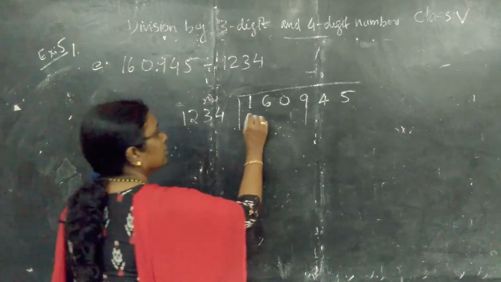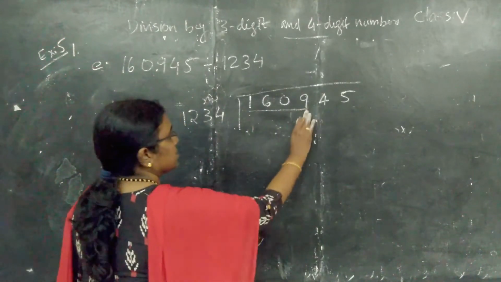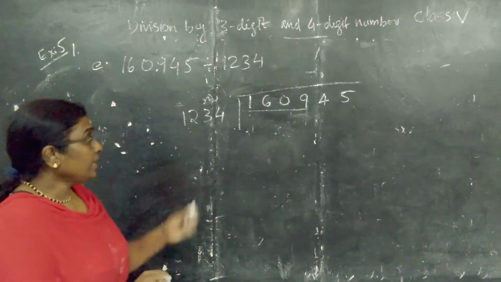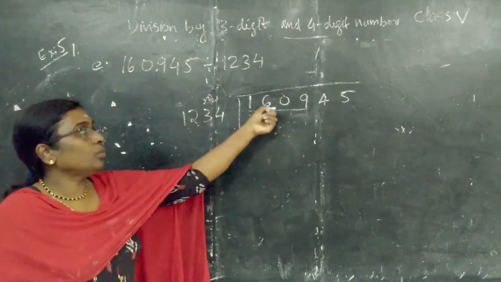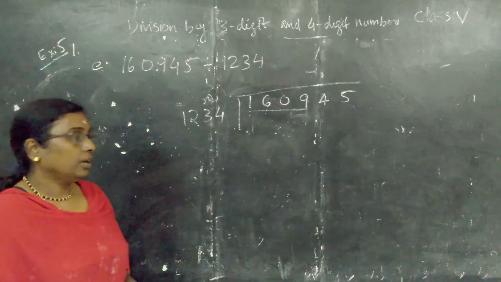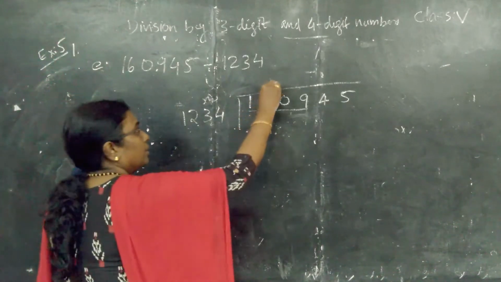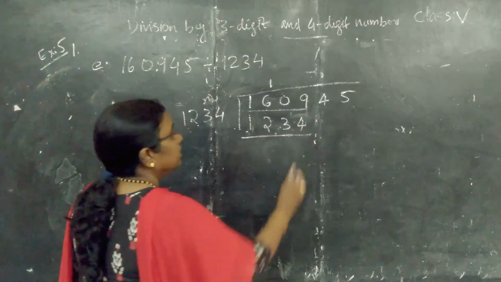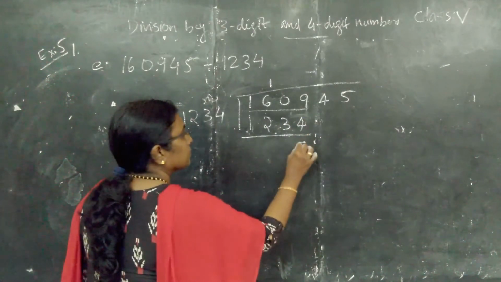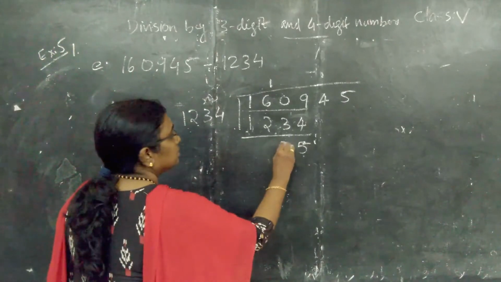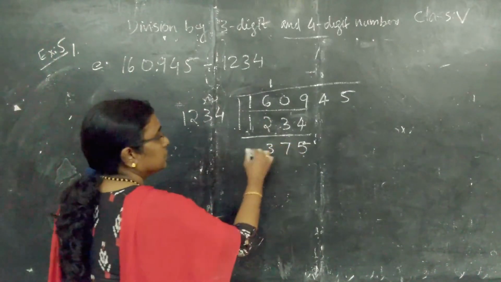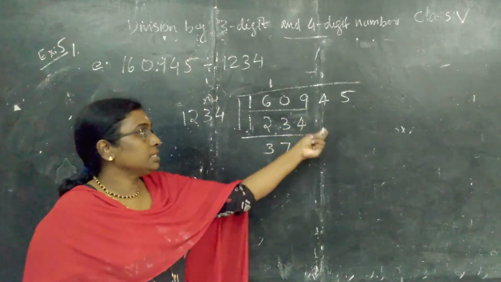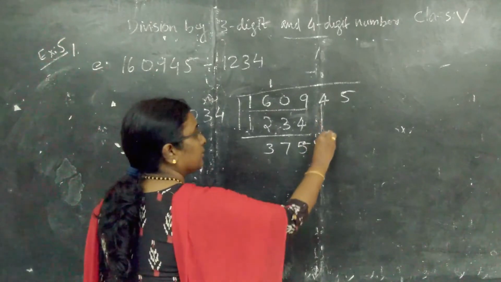So we take 4 digits first. 1,609. How many times does this number go into 1,609? 1 time, 1,234. Then subtract. The remainder is 375. Then we write down the next digit here, 4.